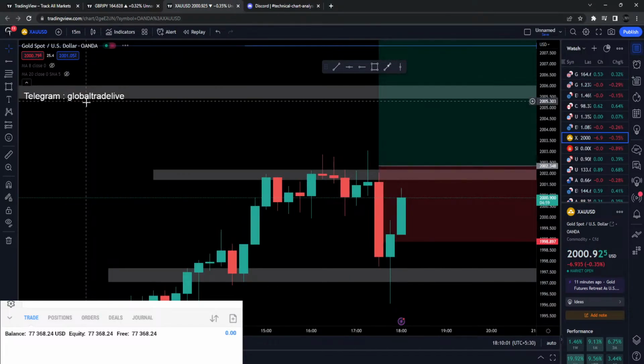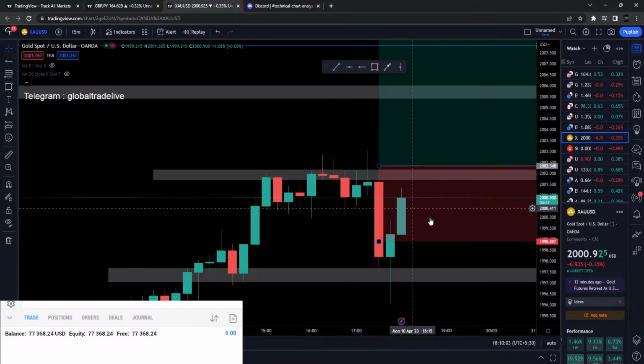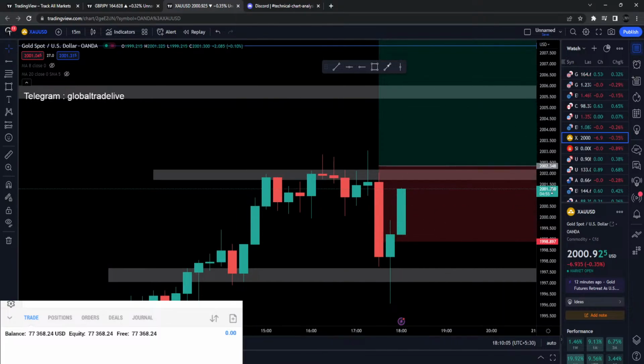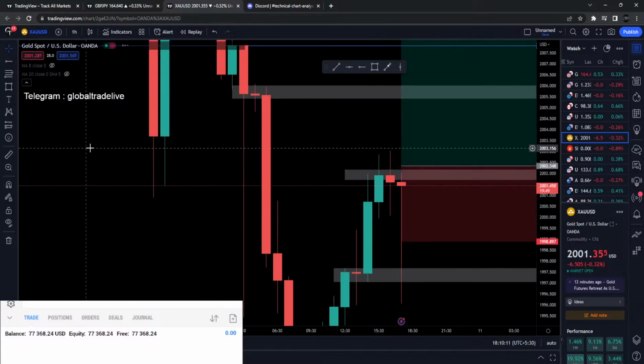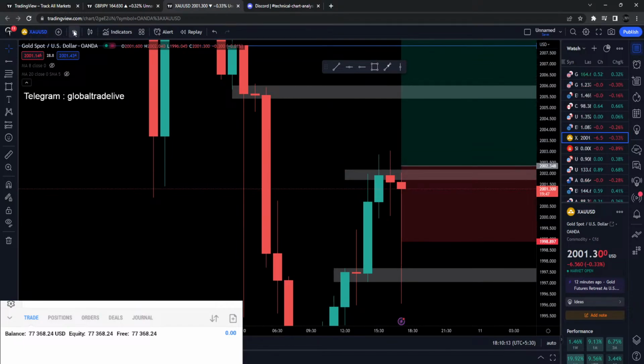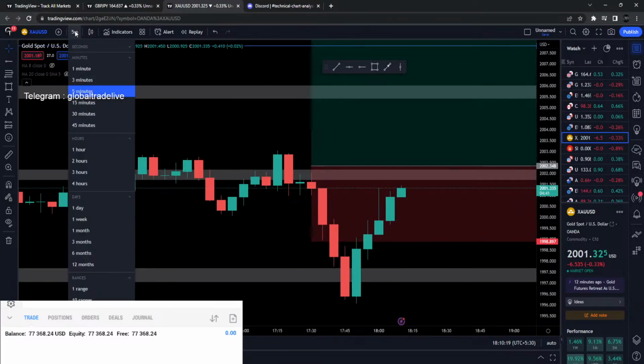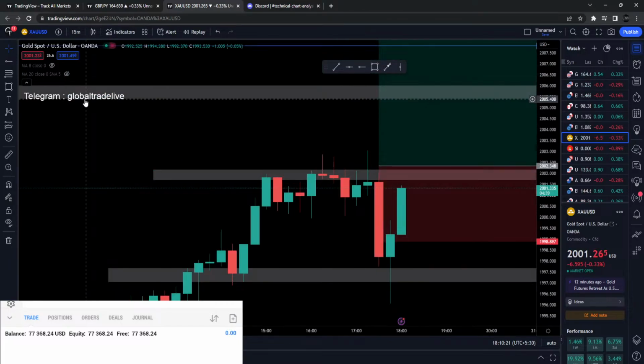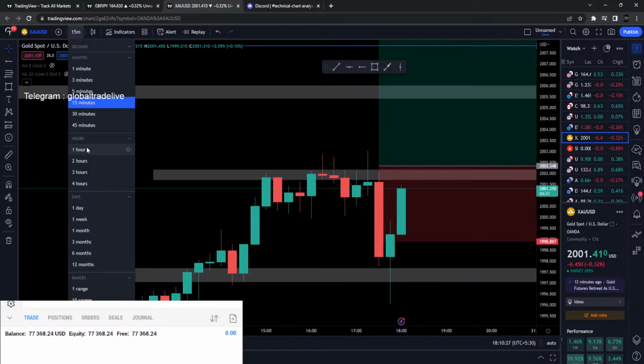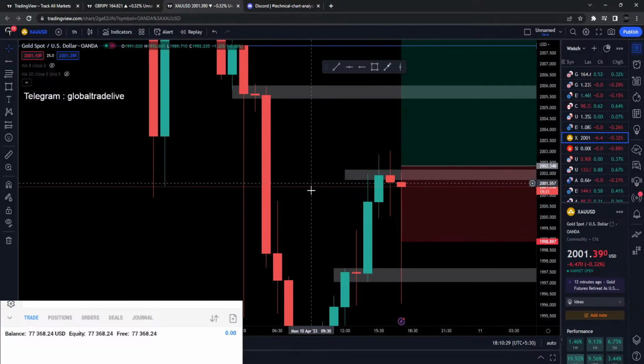Let's have a look at the 15. So that means this 15-minute candle will be closing in like 4 minutes, and yeah, I think actually 15 minute is confusing me, so I'm just gonna look at the 1 hour.